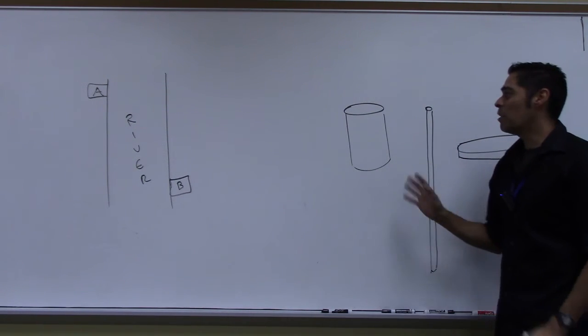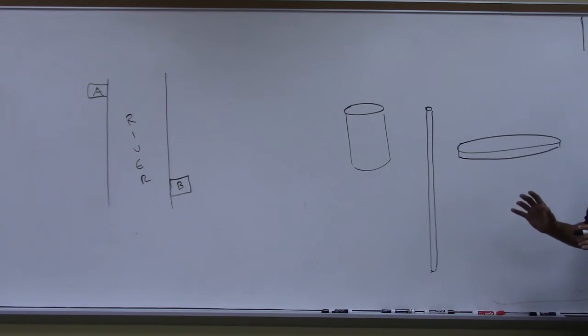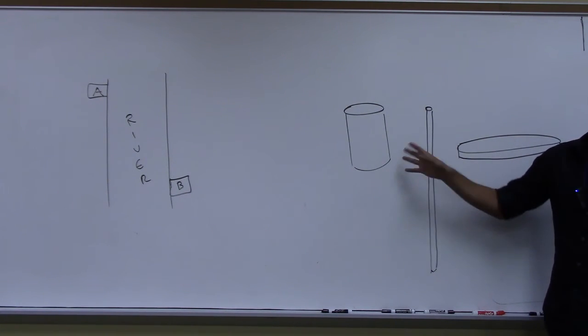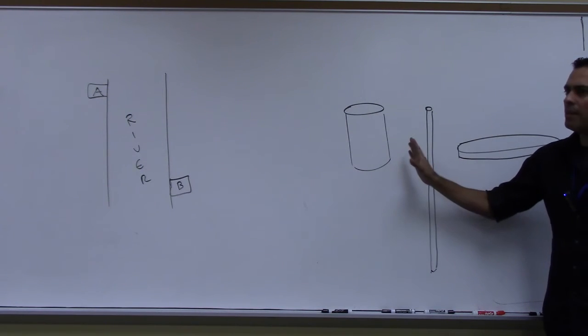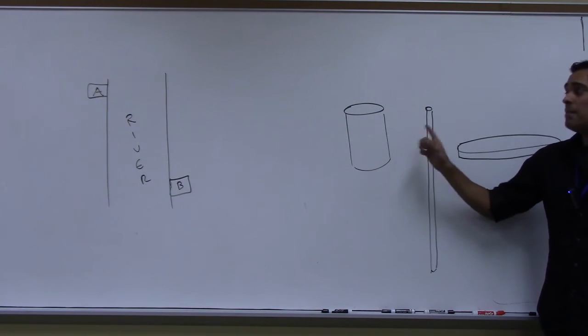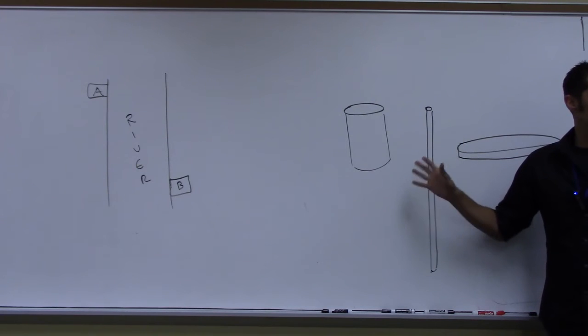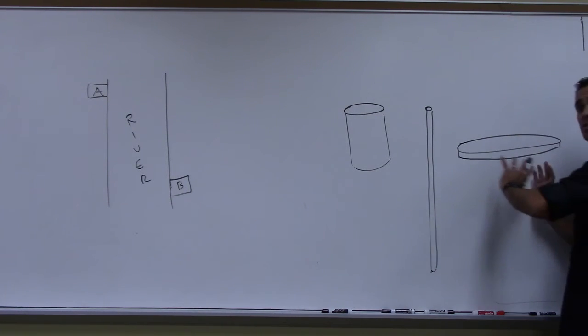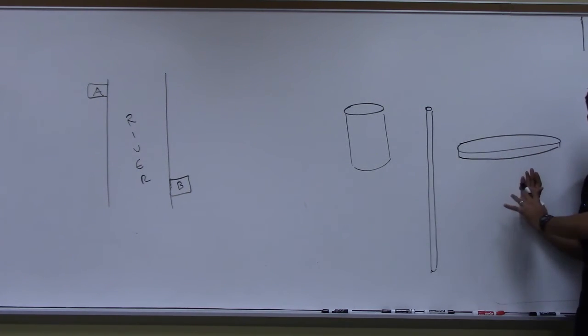But forget the ergonomics of it, forget the human hand. If I want to build a cylinder to hold 12 ounces of liquid, what should the dimensions be so that I use the least amount of aluminum? Which of these pictures looks like it would use the least amount of aluminum? Or I should ask you this: do you think there's a difference in the amount of aluminum used in these three cases?